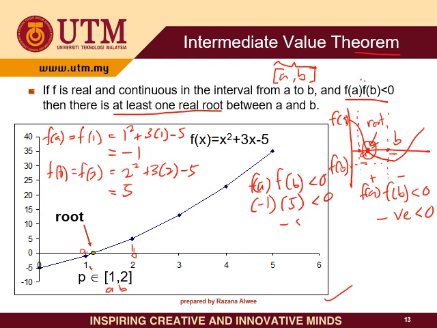So -5 less than 0. So is this true, right? So if you can see, this is our B, this is our A. So it is true that we have one root between 1 and 2. Right? This is what it means.